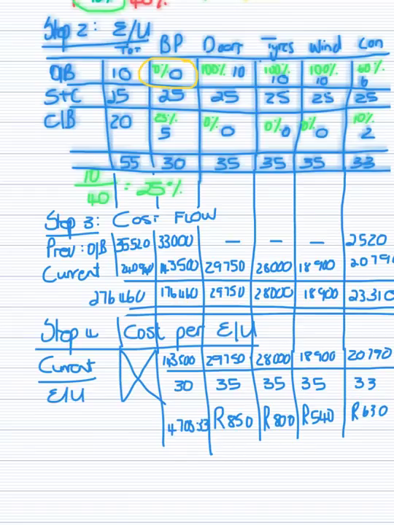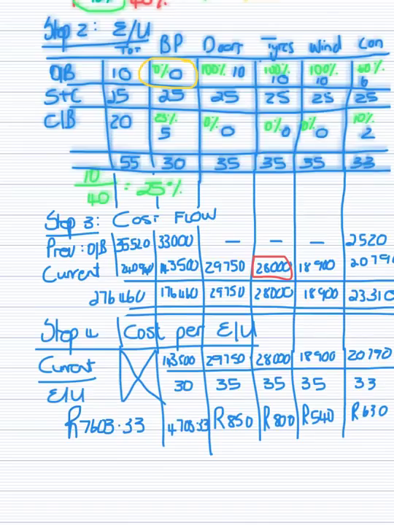Now, in order for me to calculate the total cost per unit, I add all of them together, and it gives me 7,603 rand and 33 cents. One thing that I just now did not include in the calculation is how we got to this 28,000.